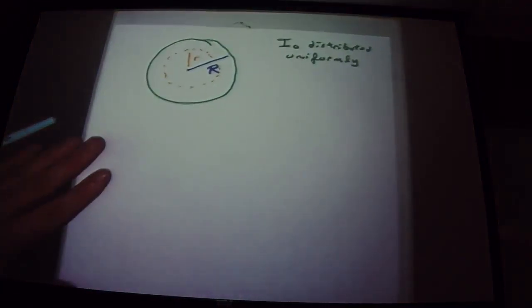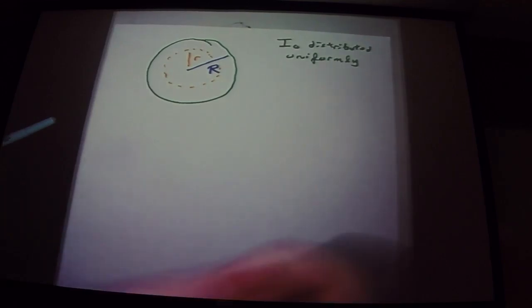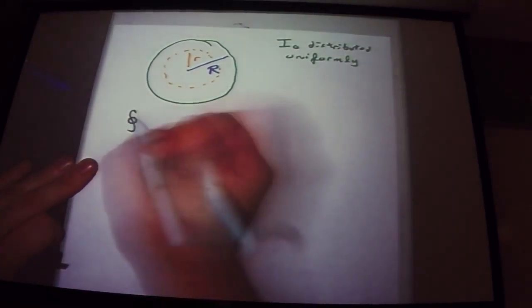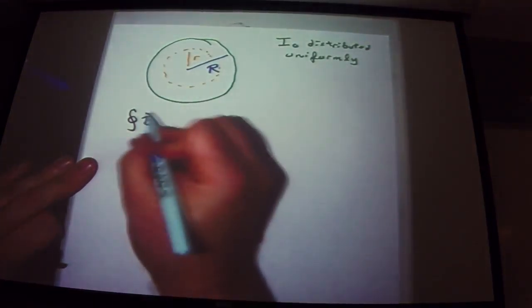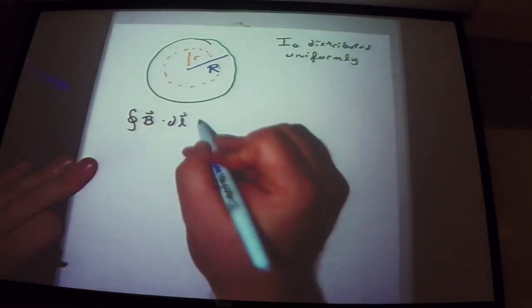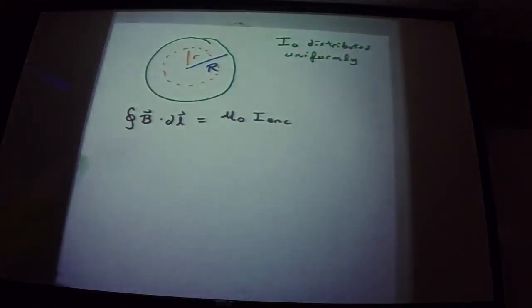All right, so let's write down Ampere's law. Ampere's law says that the integral around that closed loop of B dot dl is equal to mu naught times the I enclosed, the current enclosed.